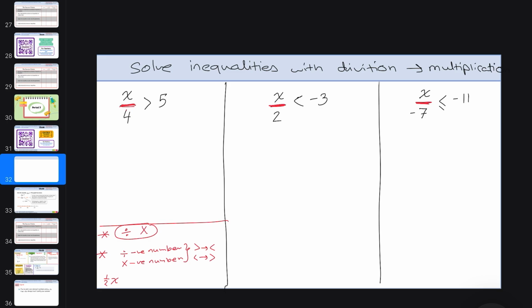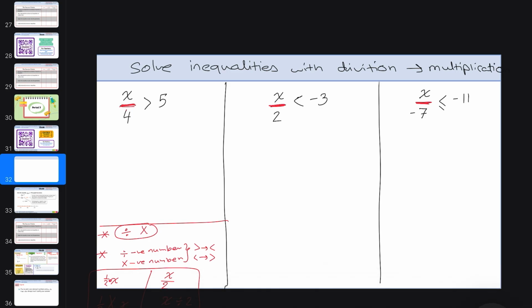This one is multiplication. But if you have x/2, it's x divided by 2. There's a difference between how we look at these two expressions.